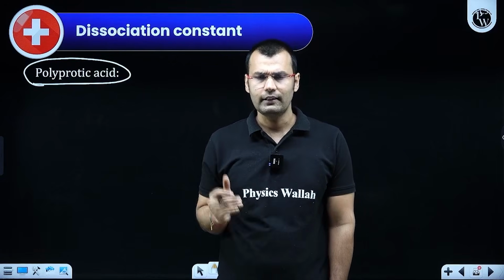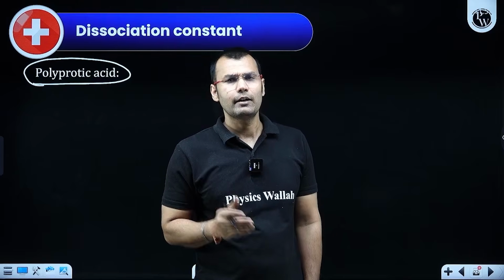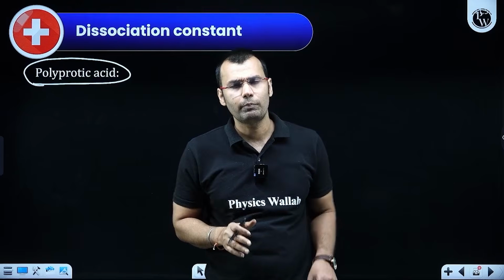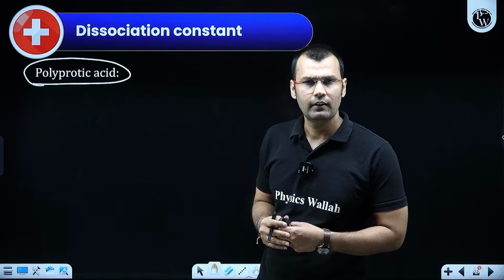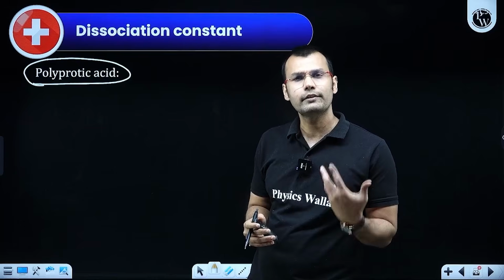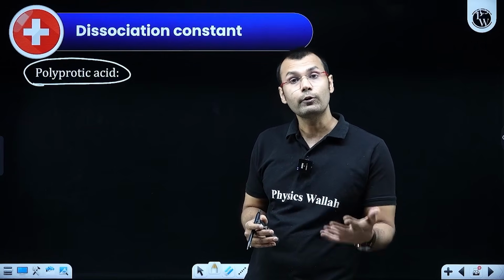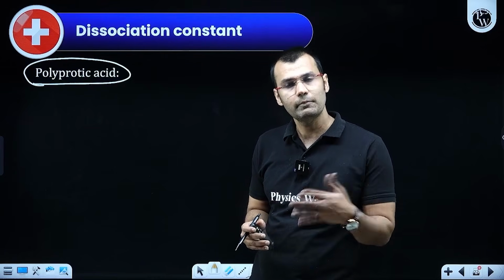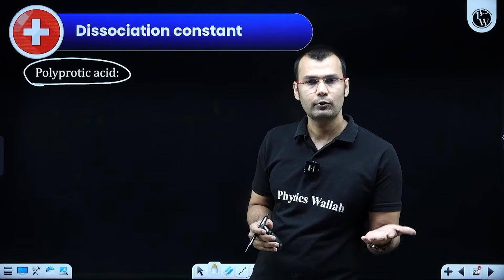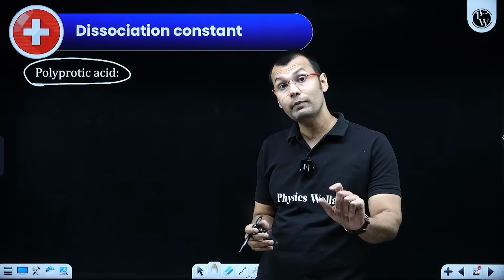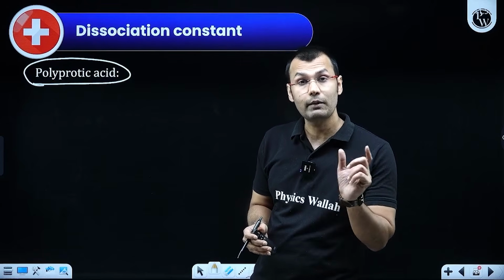If you have an acid and per molecule from that acid you can obtain 2 or 3 H plus ions, definitely its N factor will be 2 or 3. That type of acid is called a polyprotic acid. Poly means many, protic means proton. So if one molecule of acid can give you many protons, that is called polyprotic acid.